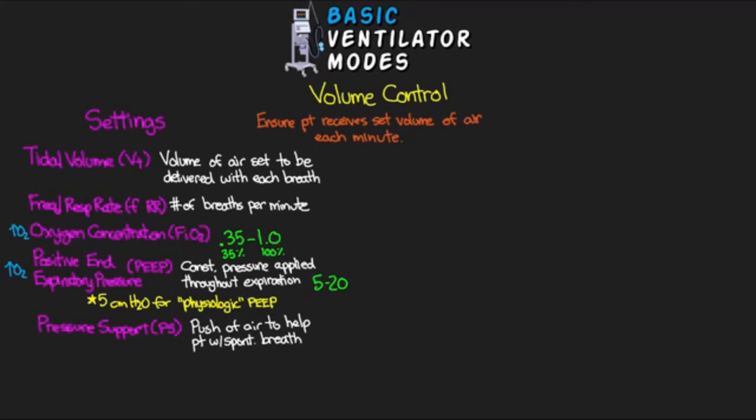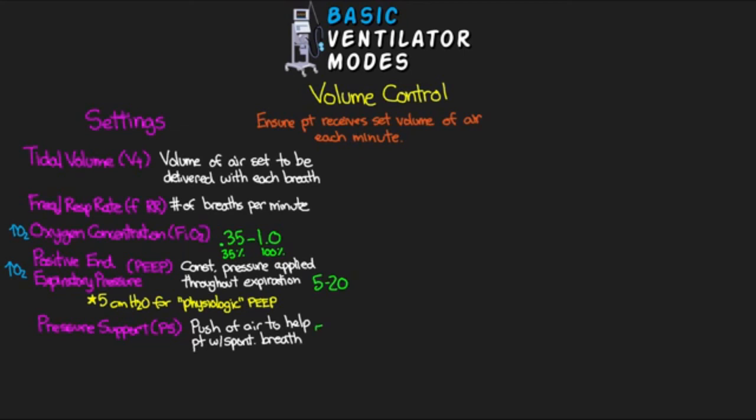That spotter is there to help provide a little bit of pressure and support as you're doing some sort of exercise. That's the same thing that's happening with our pressure support, only in this case, we're helping our patients take a breath. So the more pressure support that we apply, the larger the spontaneous breath that a patient's going to be able to take with more assistance.